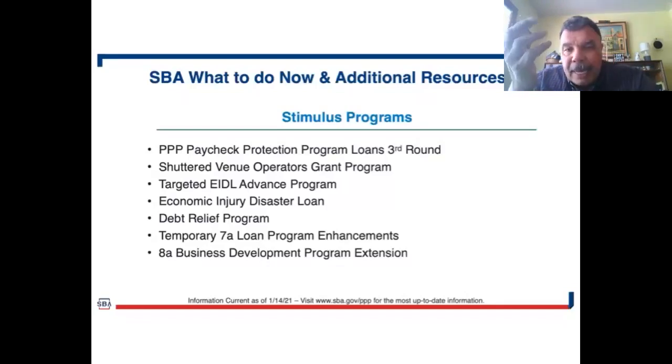Again, the EIDL Advance Program, we kind of talked about that already. But you know what I didn't tell you? Remember we talked about how folks got kind of locked out of the advance. If you got $1,000 and you didn't get the $10,000, you definitely felt cheated, right? Come on.